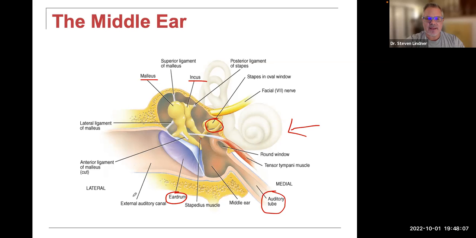This is the external auditory meatus out here. This is what we call the middle ear. Okay. And we can actually take a look at this to see if there is inflammation of the middle ear or the eardrum.